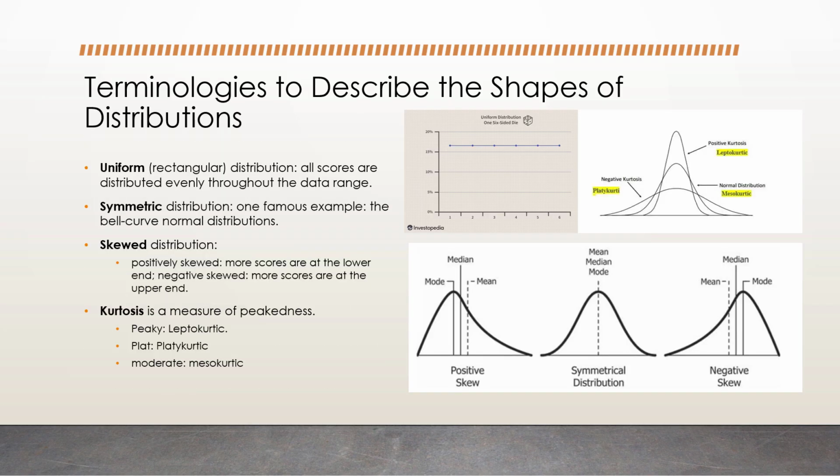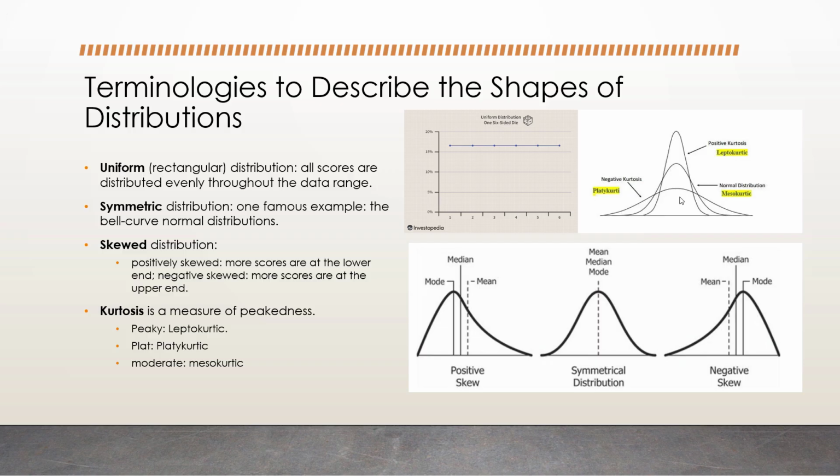In addition to graph types, we also use certain terms to describe distribution shapes. A uniform or rectangular distribution occurs when all values are equally frequent. For example, rolling a fair die many times, each side will have similar frequency and the values show a uniform distribution.